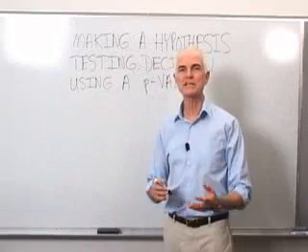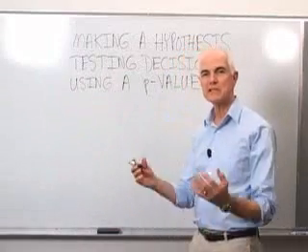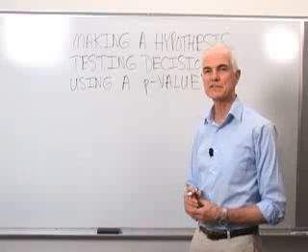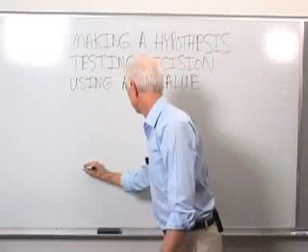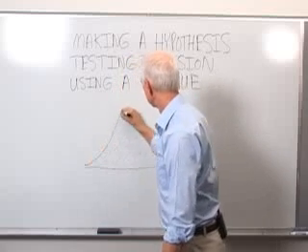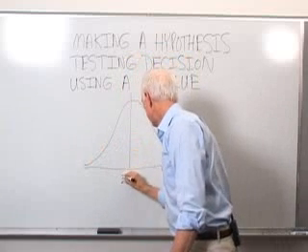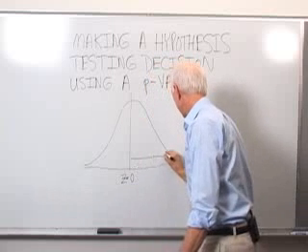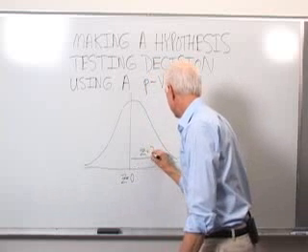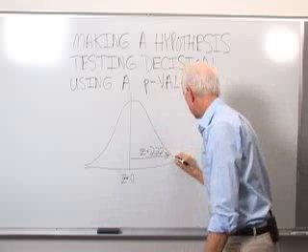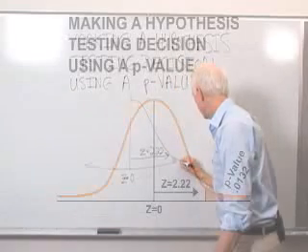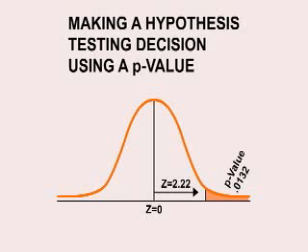Let's return to our z equal 2.22 and see how we would arrive at a hypothesis testing decision. Our observed z value from a previous study was z equal 2.22, resulting in a p-value of 0.0132.